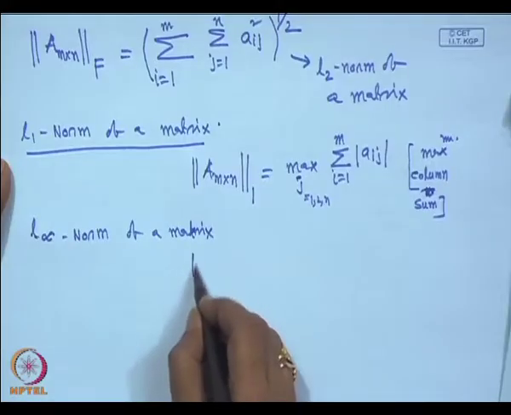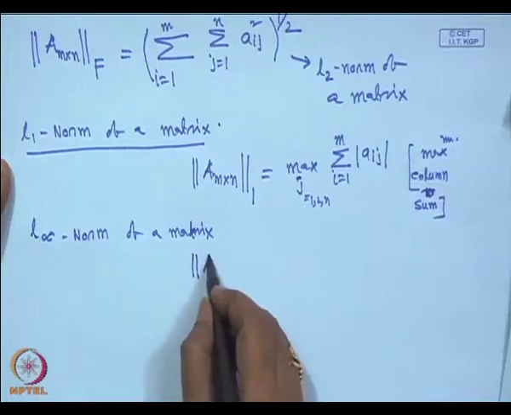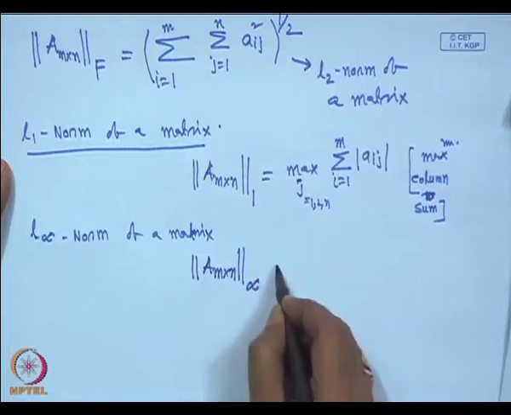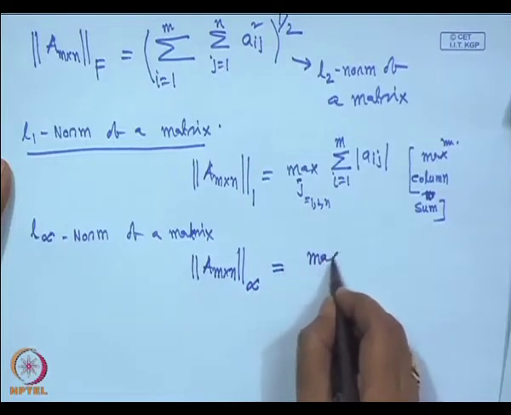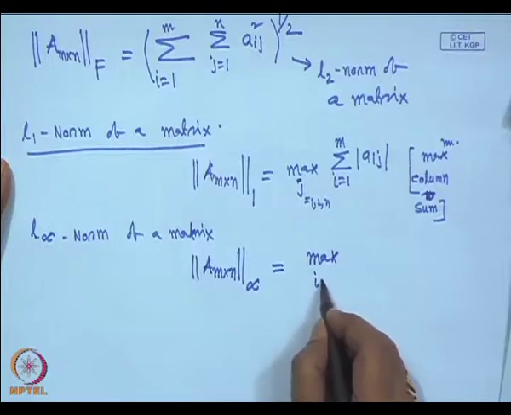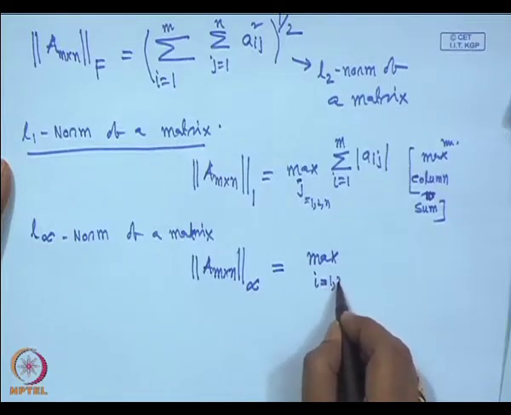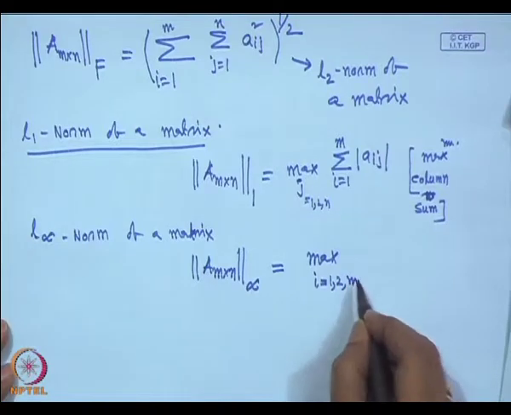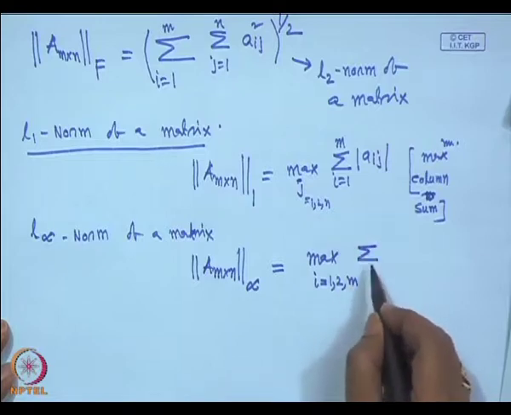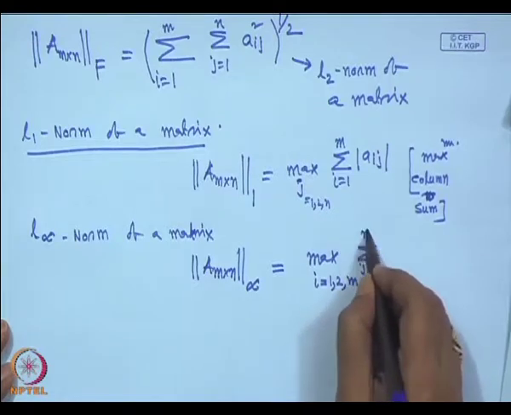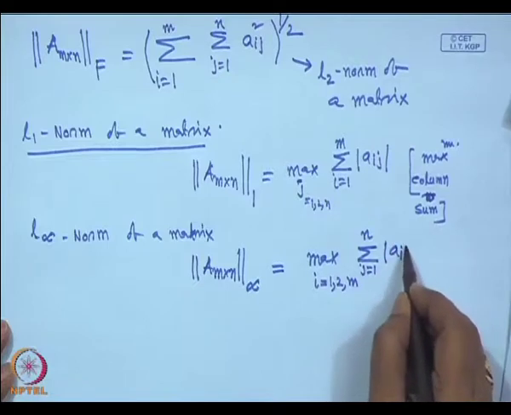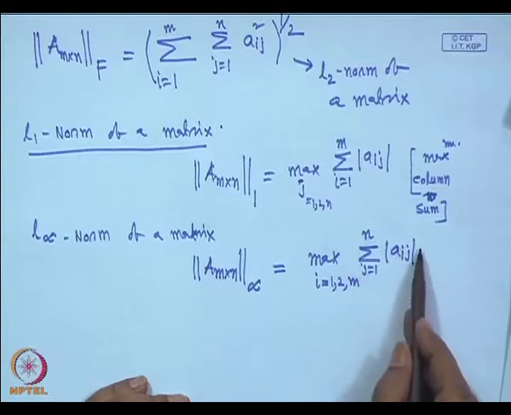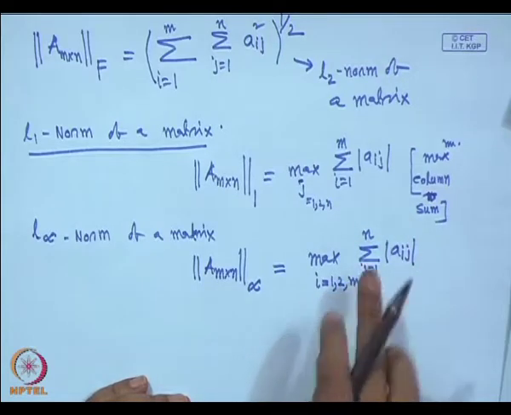Similarly, the L infinity norm of a matrix m cross n is equal to the maximum over i equal to 1, 2, up to m, of the summation of j equal to 1 to n of the absolute value of a_ij. For i equal to 1, j goes from 1 to n, that is the first row, then i equal to 2 is the second row.